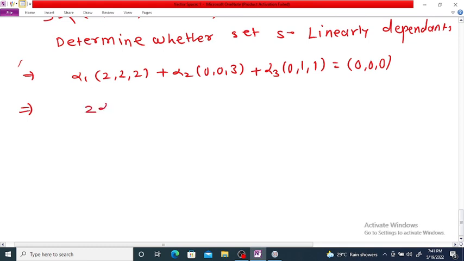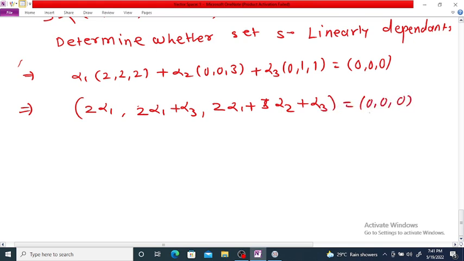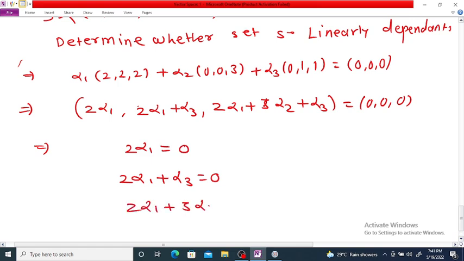So again, if we write this, the first equation is 2 alpha 1, then the second equation is 2 alpha 1 plus alpha 3, and the third equation is 2 alpha 1 plus 3 alpha 2 plus alpha 3, equal to 0 0 0. If we equate the LHS and RHS, we get 2 alpha 1 is equal to 0, then 2 alpha 1 plus alpha 3 is equal to 0, and 2 alpha 1 plus 3 alpha 2 plus alpha 3 equal to 0.